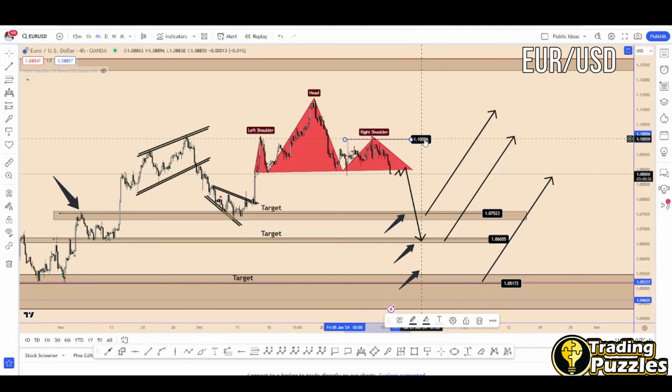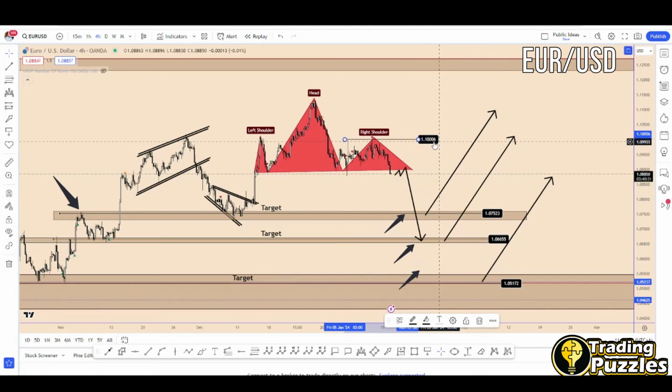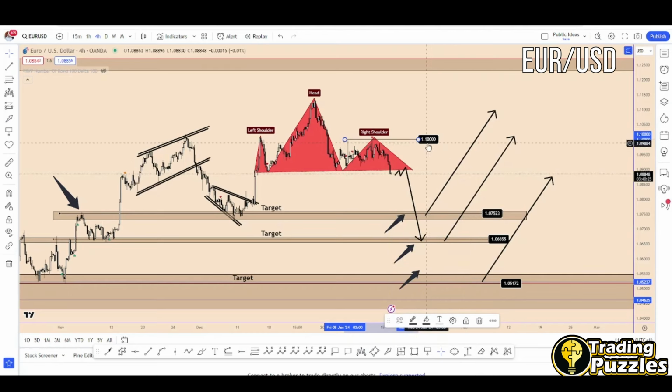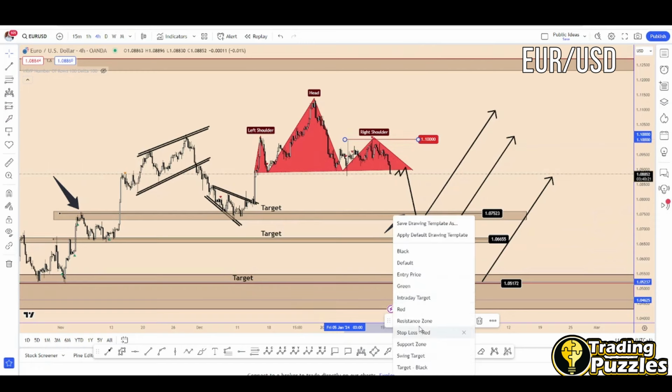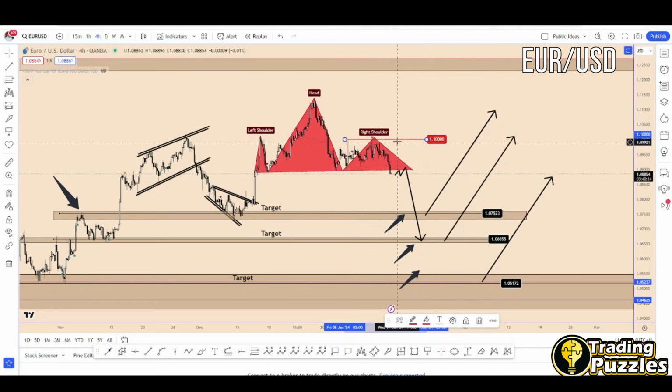As you can see, 1.1, this is a very strong area, and also a very strong psychological area that all the market is focused at this moment. So this is making everything, let's say, difficult and clear at the same time, considering that the price didn't manage to increase above 1.1, it is holding below, and this is confirming a bearish movement.